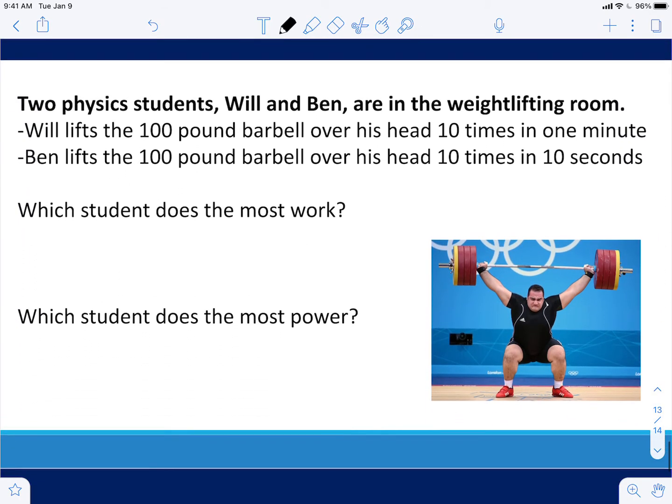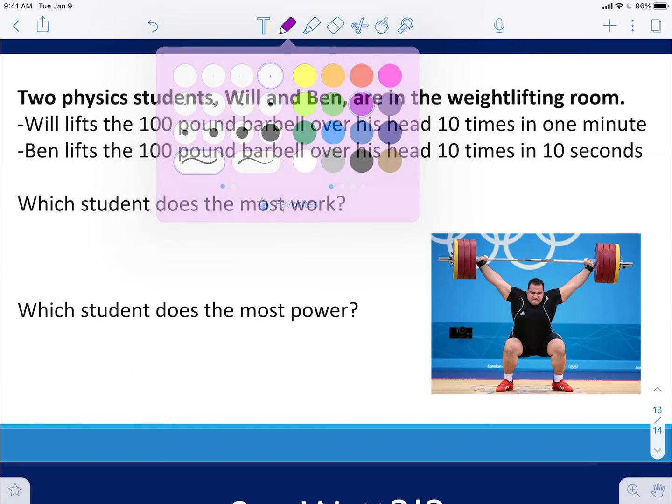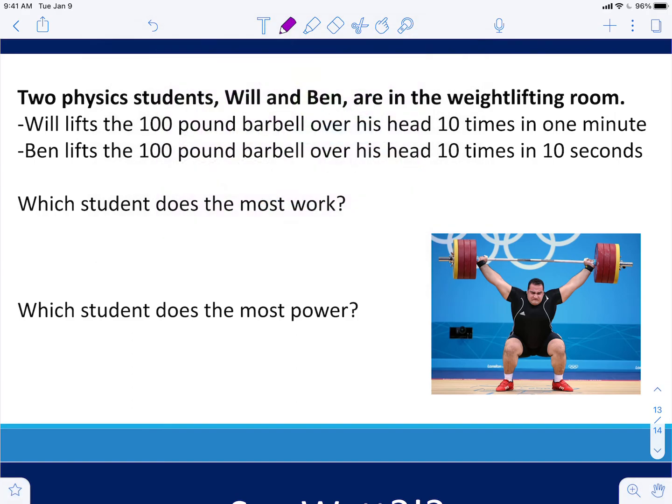Now, conceptually, power can be thought of in this case. If we have two students, Will and Ben, and they're in the weightlifting room, and Will lifts a 100-pound barbell over his head 10 times in 1 minute, and Ben lifts 100 pounds over his head 10 times in 10 seconds, which student does more work? Well, it's kind of a trick question because they're both lifting the same amount of weight the same distance.